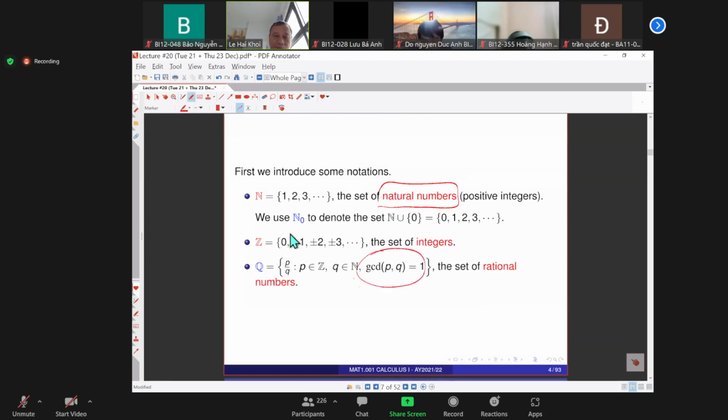The greatest common divisor. Tức là ước số chung lớn nhất.